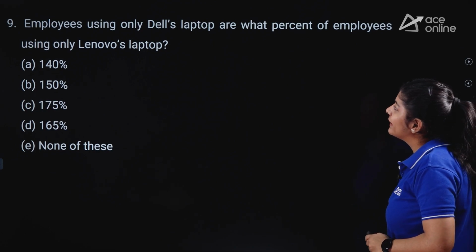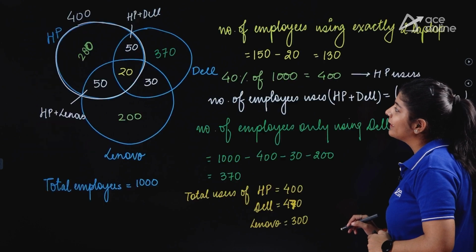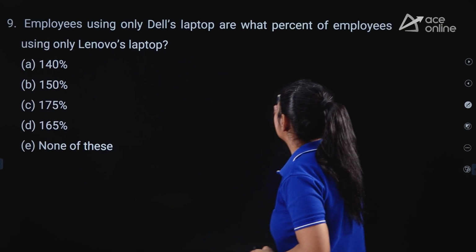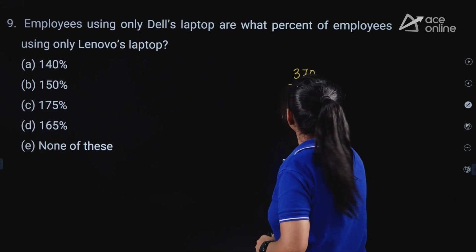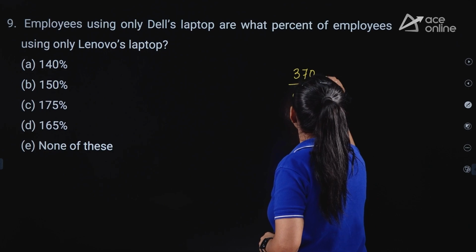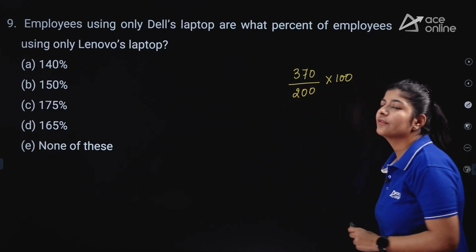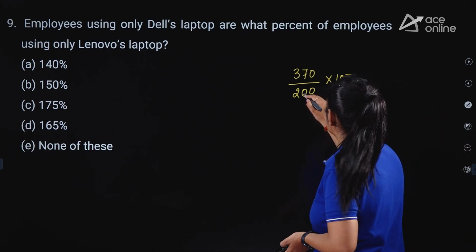Employees using only a Dell laptop, or what percent of the employees using only Lenovo? Only Lenovo is 200 and only Dell is 370. So basically 370 by 200. This is what you need to calculate, and I guess everyone can calculate it easily.